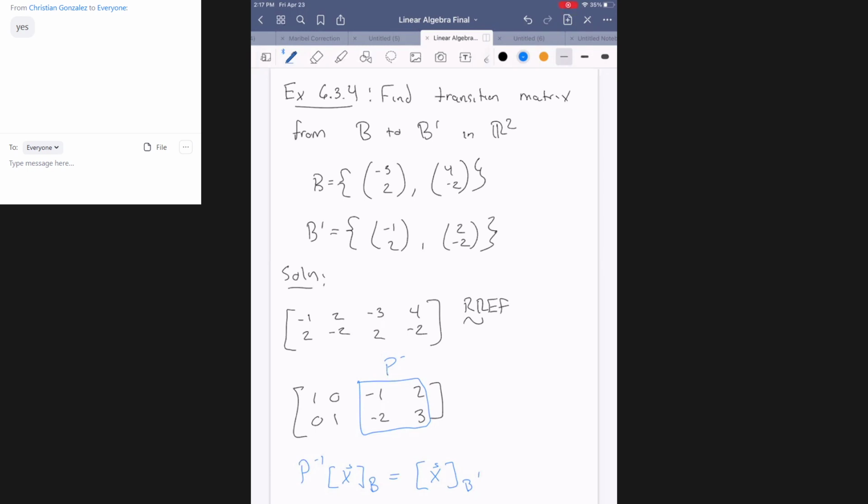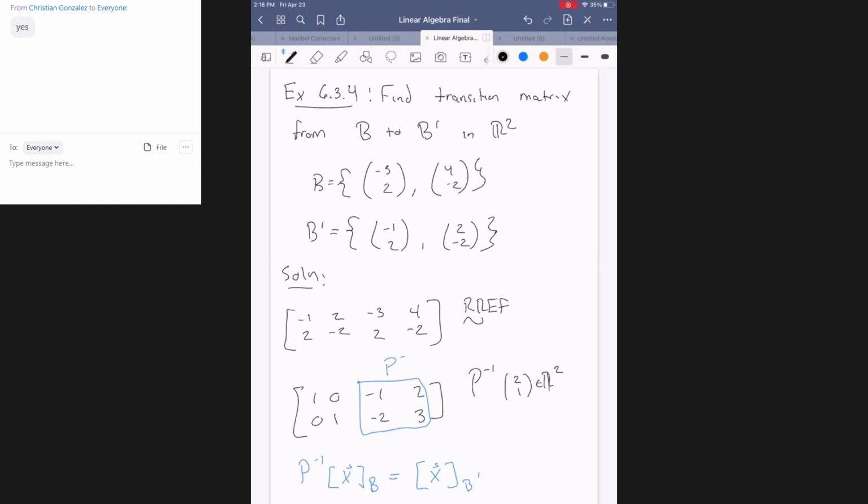So just a quick warning. If I wanted to, for example, see what the vector 2, 1 was, you can't. If I wanted to find 2, 1 in the B prime basis, I can't just immediately multiply P inverse on this. Does anybody know why?